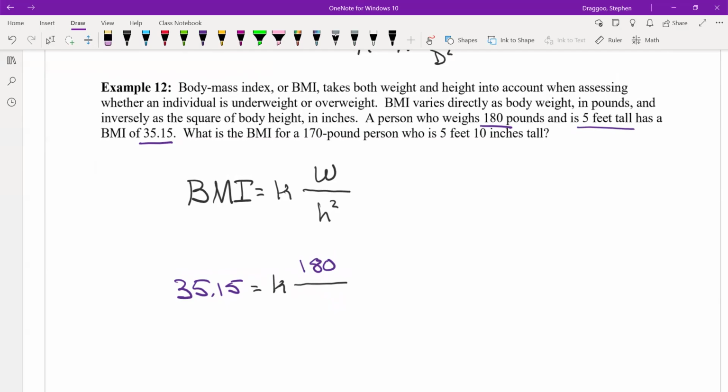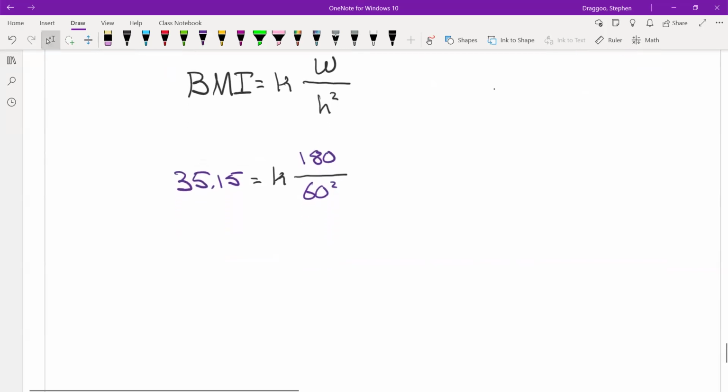So a person who is 5 feet tall is really 60 inches. So that means that K is 35.15 times 60 squared divided by 180.